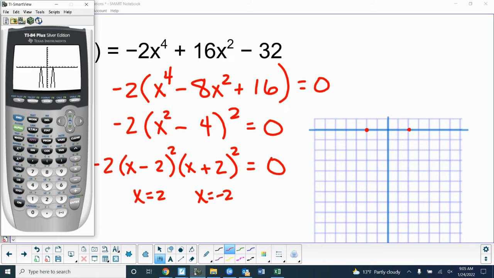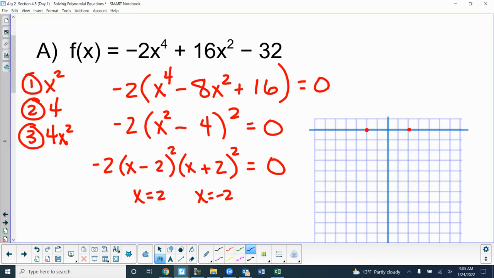Yes, it bounced off. So a quick sketch of this: it's going to come up and hit, and it's going to go down through here really far and come up. What is that? It's an M.